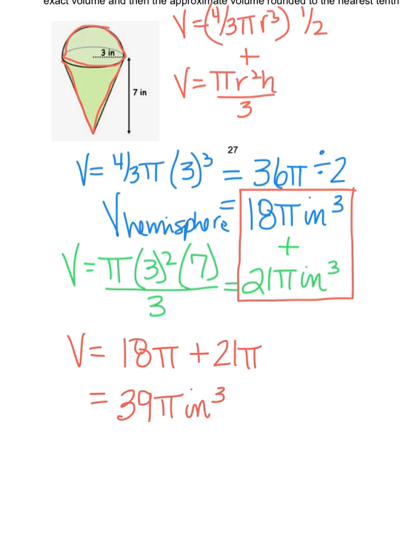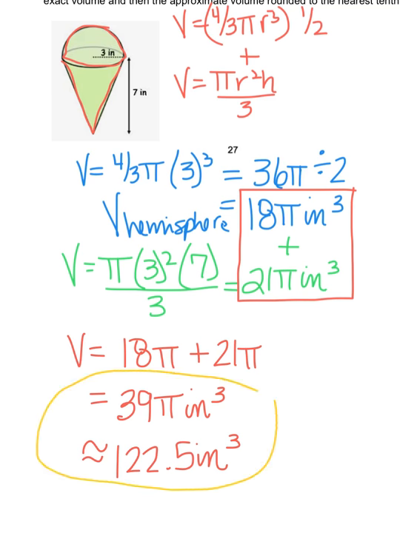If you wanted to round that to the nearest tenth, just use your calculator and take 39 times pi, and you get about 122.5 inches cubed. Okay, so this is a cone and half of a sphere called a hemisphere.